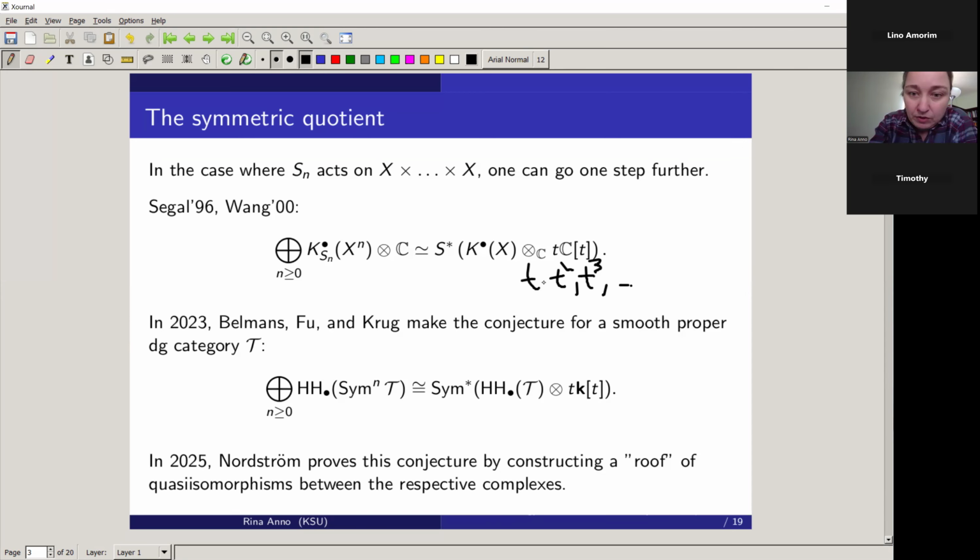With t, yes. So t^2, t^3 to infinity. So no constants.